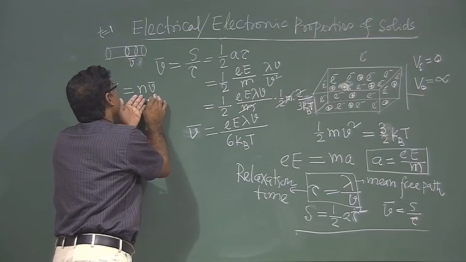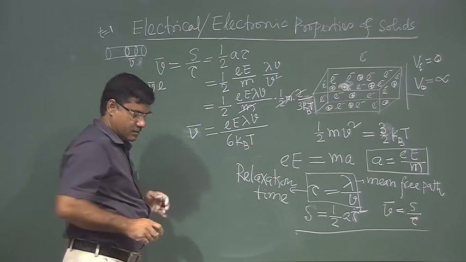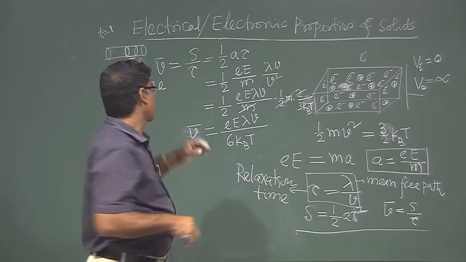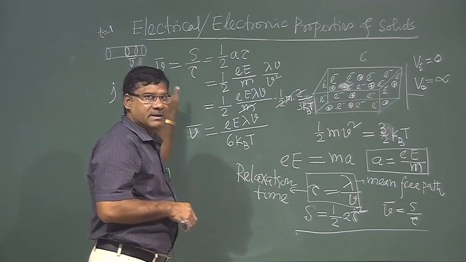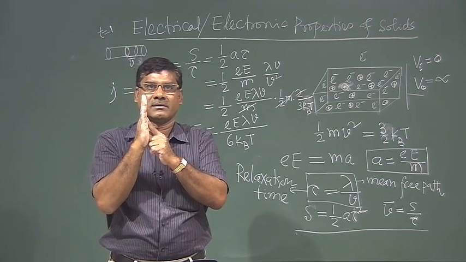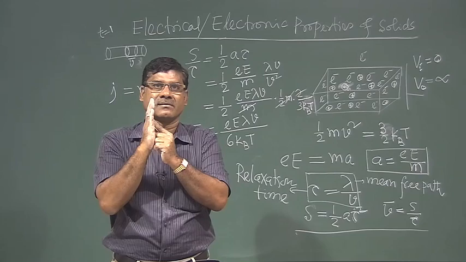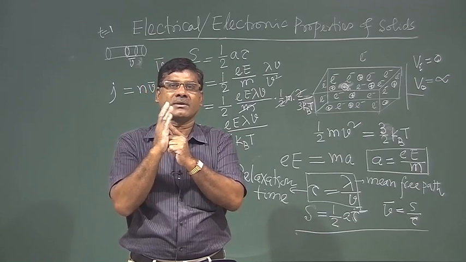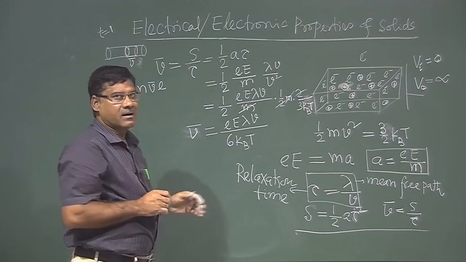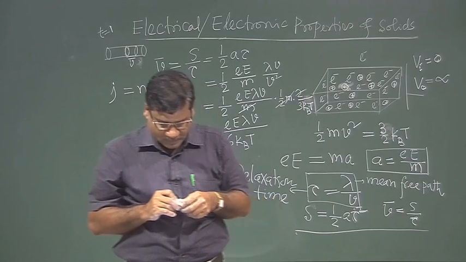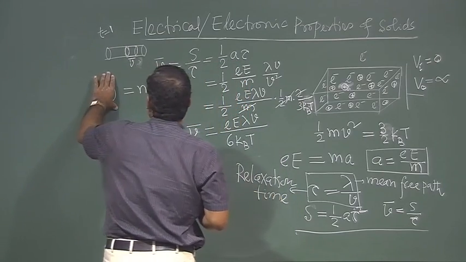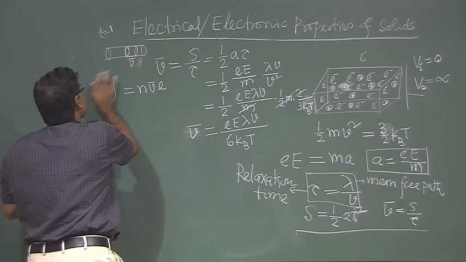Into charge, which is e for 1 electron. So, total charge is this. So, this much charge is passing through a unit cross section per unit time. So, that is defined as the charge density, right.